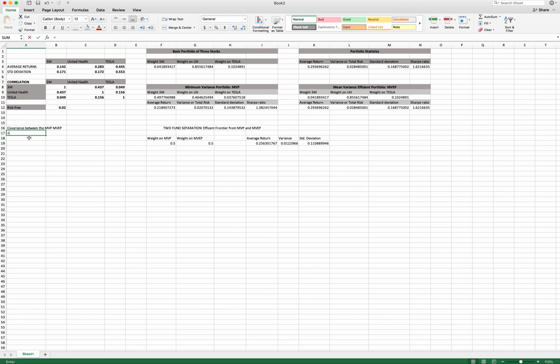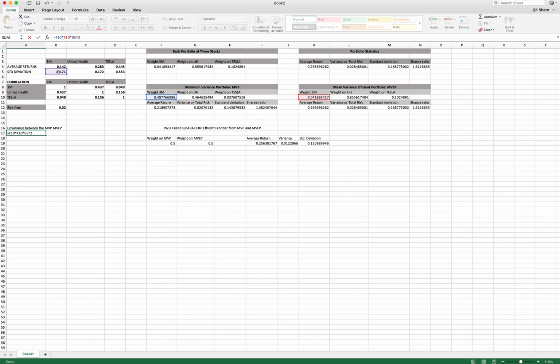Okay, so let's start. The first thing I have is the identical cross terms, which are the weight, for example, on 3M on one hand, times the weight on 3M on the other side, times the variance or standard deviation of 3M squared.